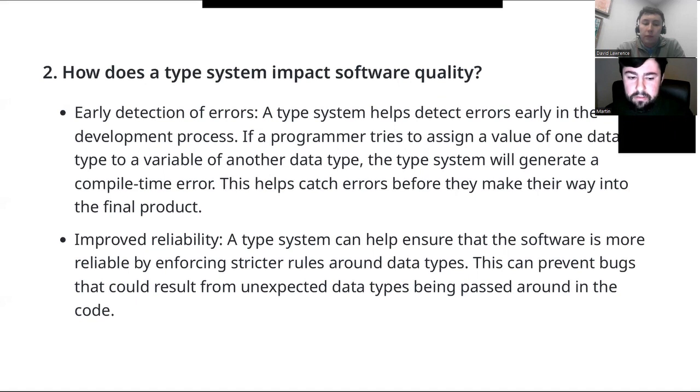You can have improved reliability, right? Because you have this strict analysis phase ahead of the execution time. Things have to comply. Most of the time, they have to comply ahead of execution time. You can still get runtime errors, but they will be much rarer.